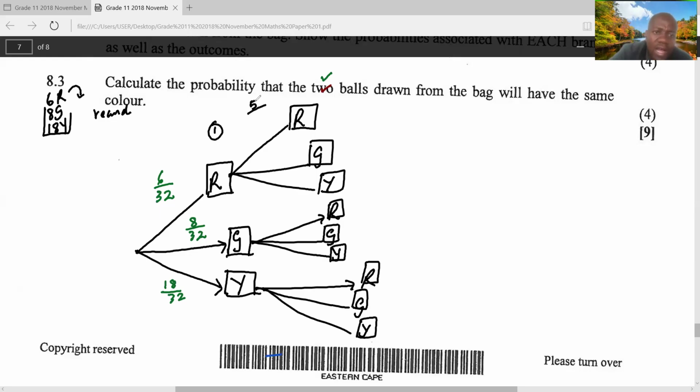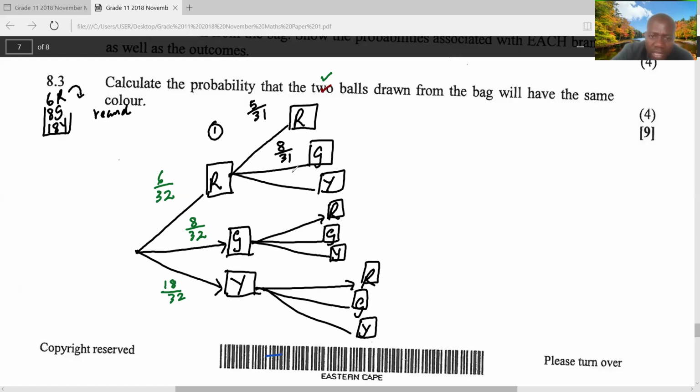over 31. Why 5? Because if we got red for the first time, its color will be recorded, but we cannot return it in the bag, which means to select the second one we would only be left with 5 out of 31. So green will not change, it will be 8 out of 31.